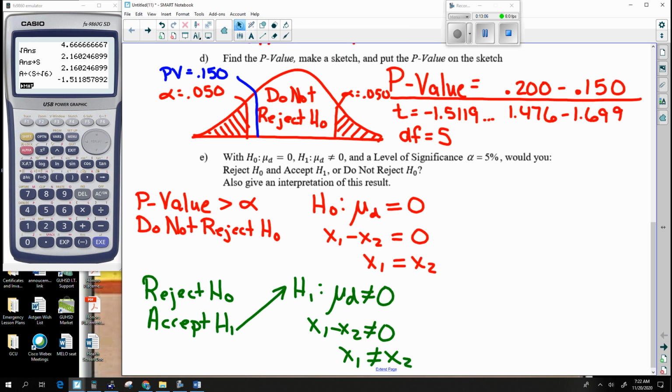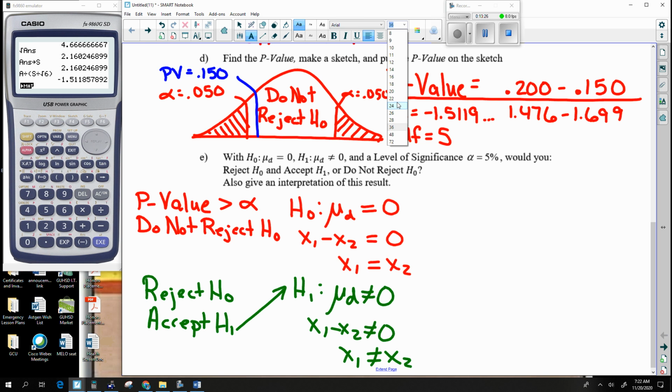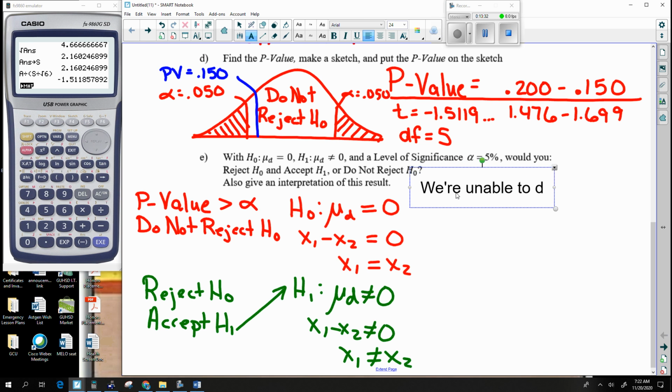This is when we have to use a little bit fancy words. The words that you use in this case are we are unable to determine a difference between. Let me type that down. Let me take a look at what I wrote on some of my answer keys so I can be consistent.